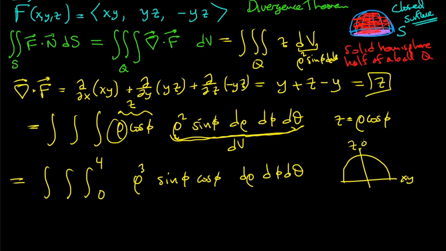So we're only going from 0 to pi over 2, 90 degrees. It's not the full sphere. We're not including the bottom half of the sphere, so it's not 0 to pi. It's just 0 to pi over 2.